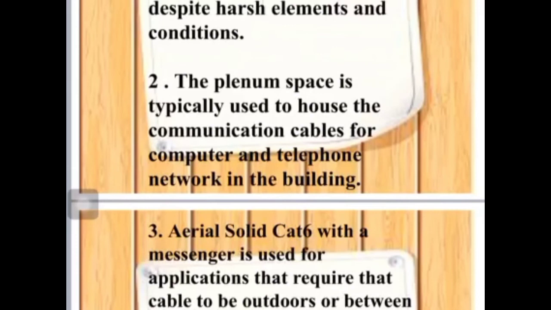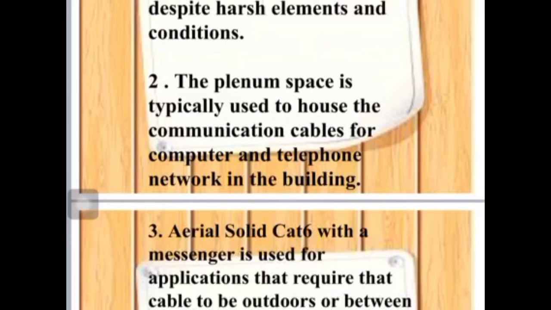The plenum space is typically used to house the communication cable for computer and telephone networks in a building. However, use of plenum areas for cable storage poses a serious hazard in the event of a fire, because once the fire reaches the plenum space, there are few barriers to contain the smoke and flames.